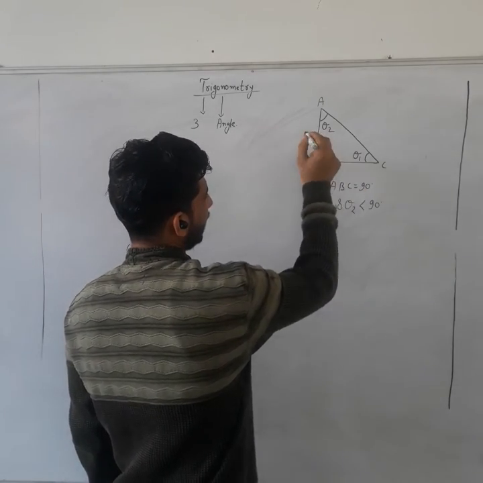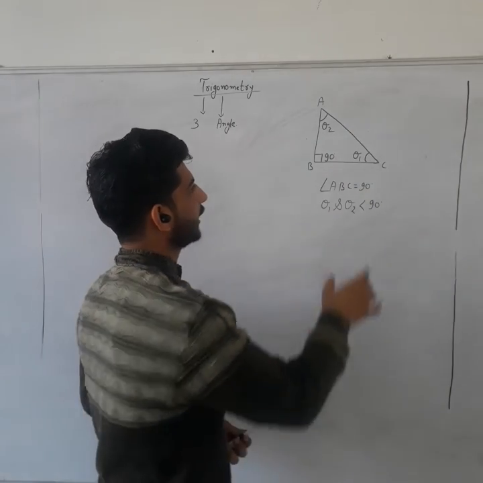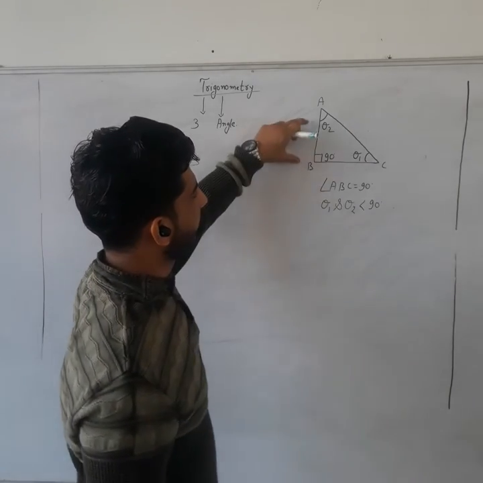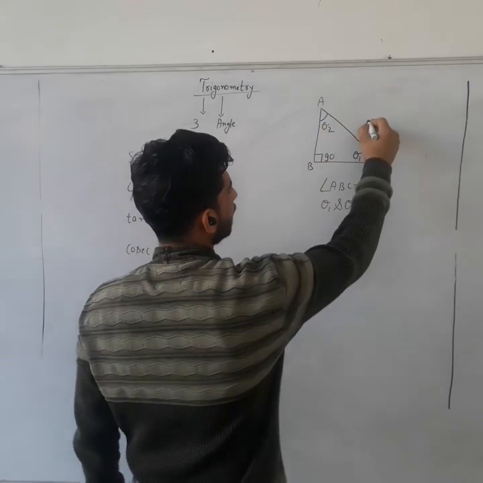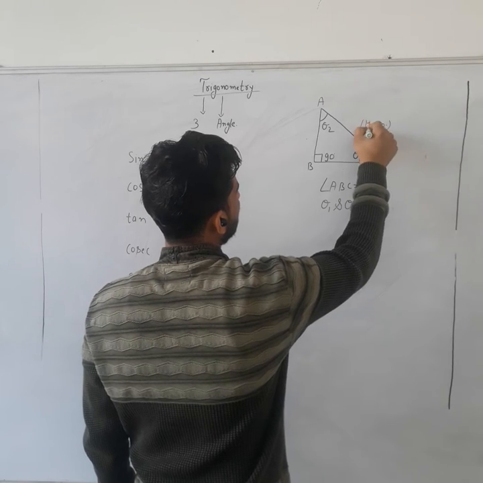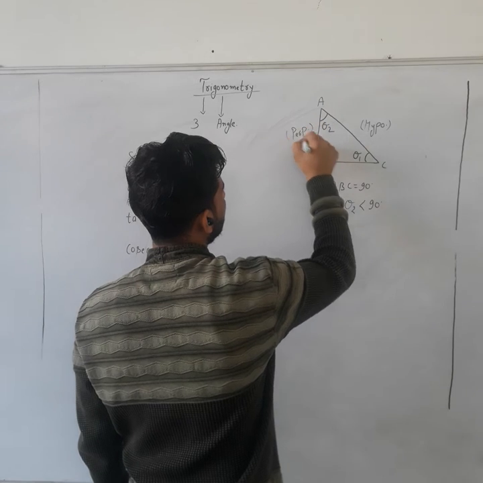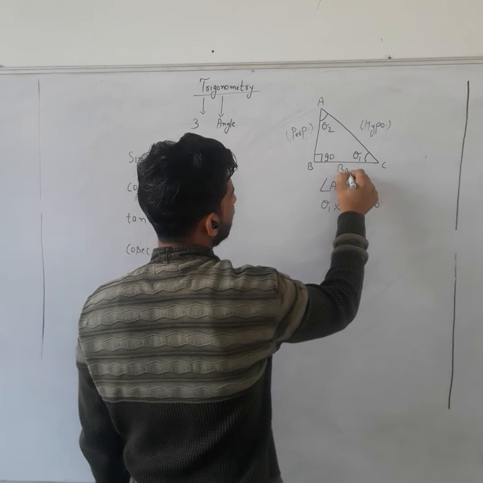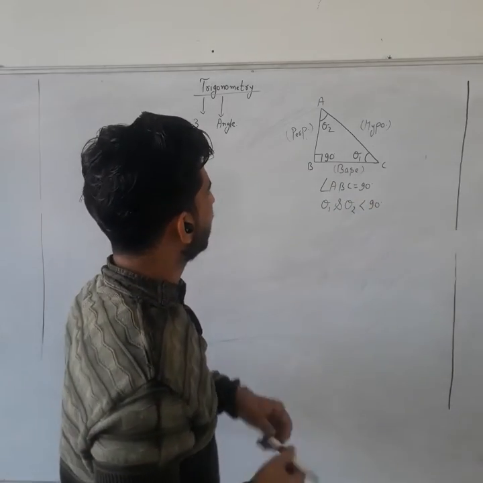base, perpendicular and hypotenuse, these three sides have specific names, like BC is the base, AB is the perpendicular and AC is the hypotenuse. This is the hypotenuse, this is the perpendicular, and this one, BC, is the base. So it is very simple.